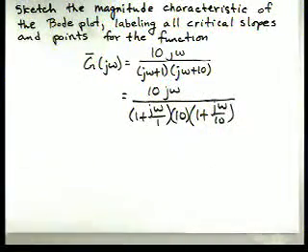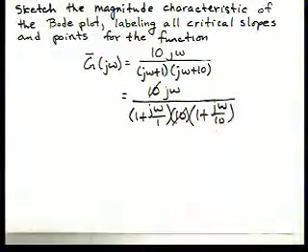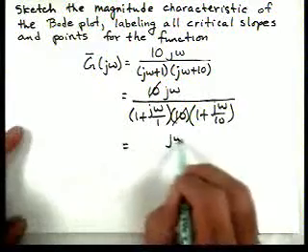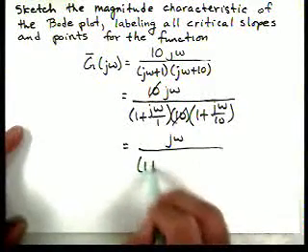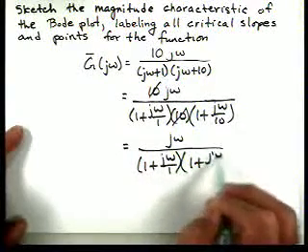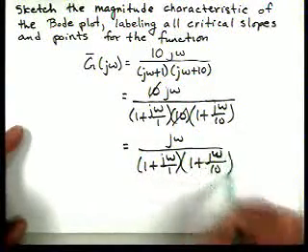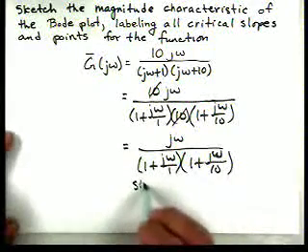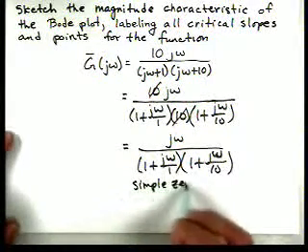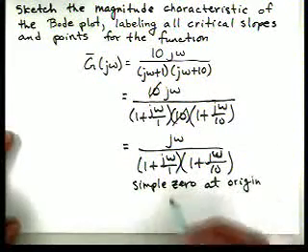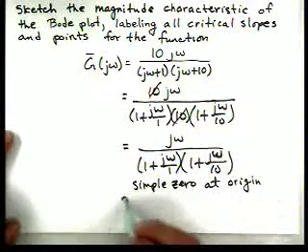So now the two 10s cancel out, and our function in standard form is as follows. So we have a simple zero at the origin, and two simple poles.